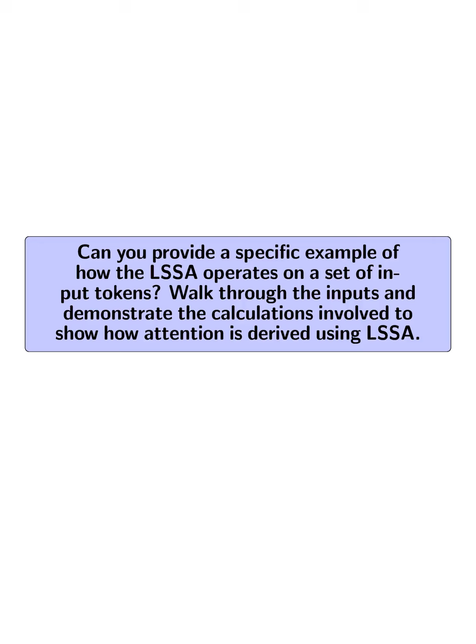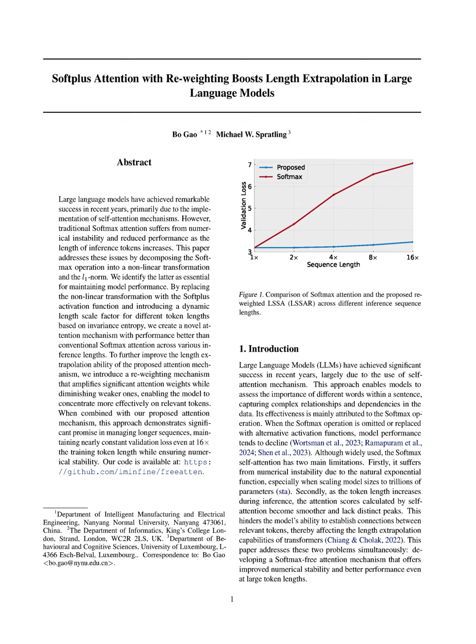Can you provide a specific example of how the LSSA operates on a set of input tokens? Walk through the inputs and demonstrate the calculations involved to show how attention is derived using LSSA. The length-scaled Softplus attention, LSSA, operates by transforming input tokens through a series of steps to derive attention scores.